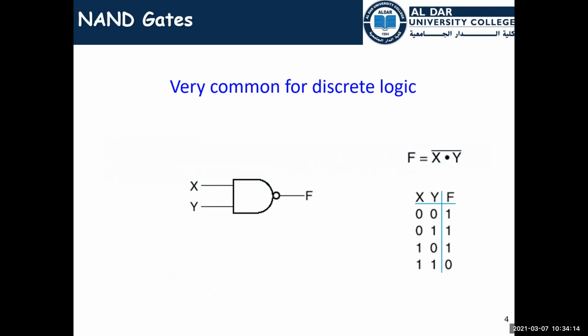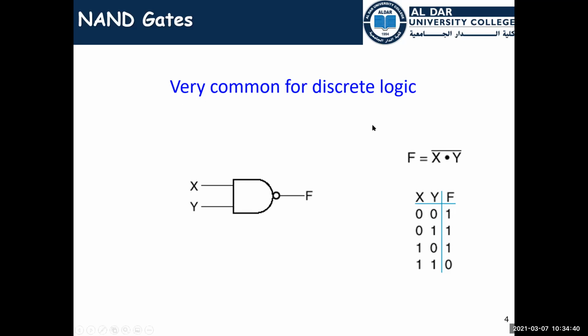The universal gates are the most commonly used gates in combinational circuits, which are NAND and NOR gates. Actually, they are good because they have electrical characteristics better than other logic gates like OR and AND gates.